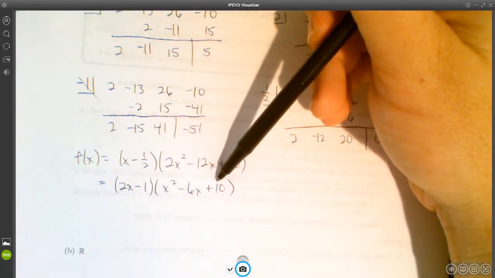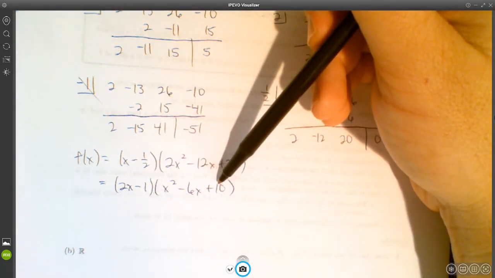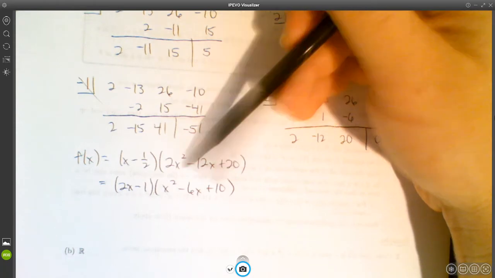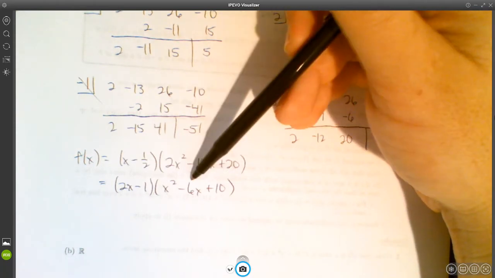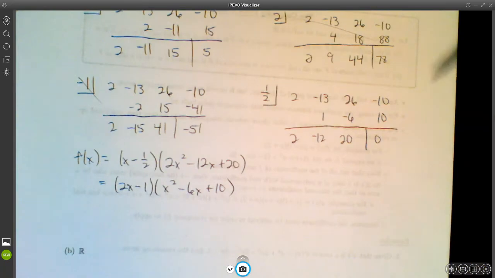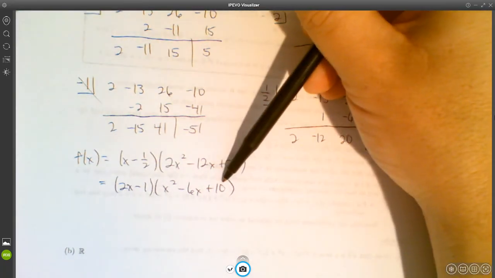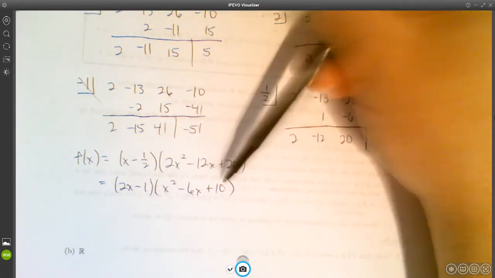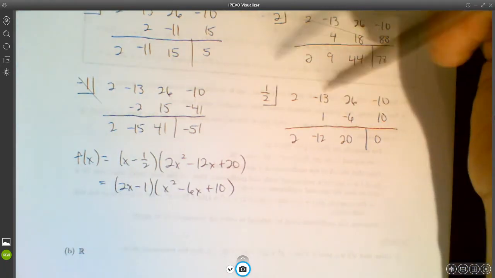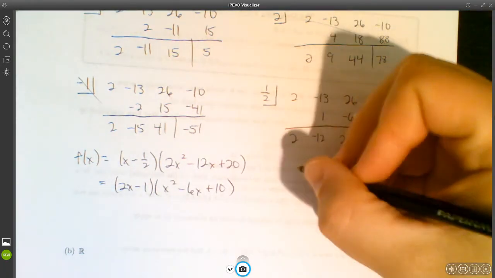And I wonder if I can factor that. 10 would be 5 and 2, or 10 and 1, which isn't going to give me 6, or 5 and 2, which is also not going to give me 6. So that's not going to factor any further. But I can use the quadratic formula to find the remaining zeros. So let me do that over here, some scratch work.